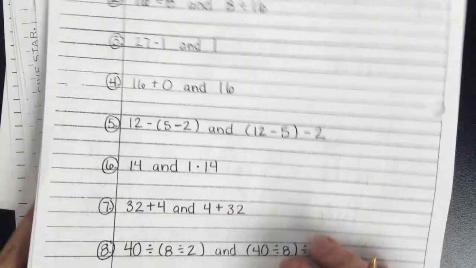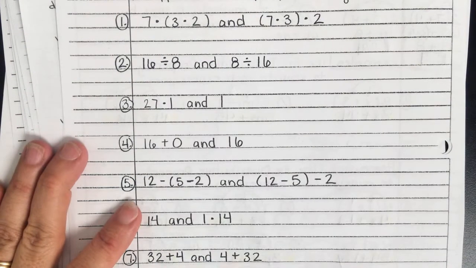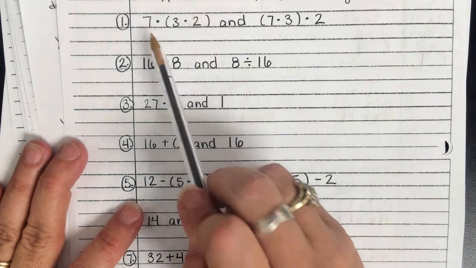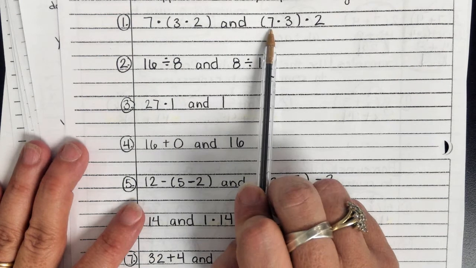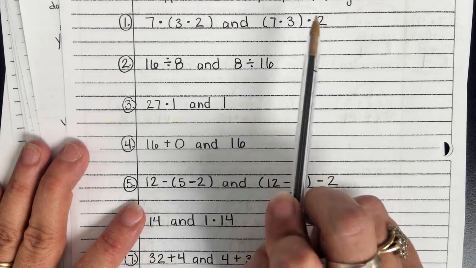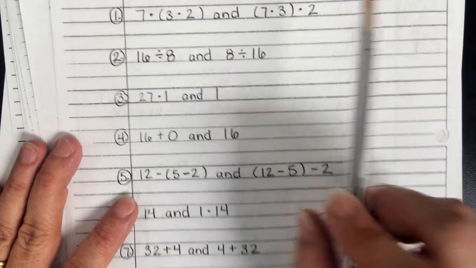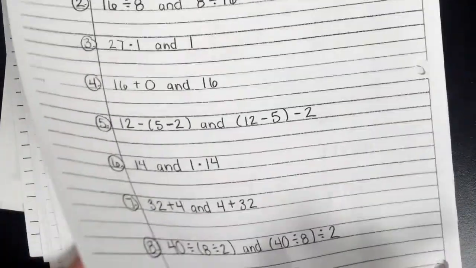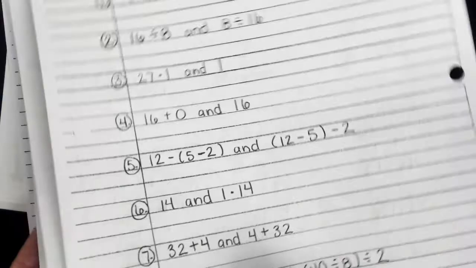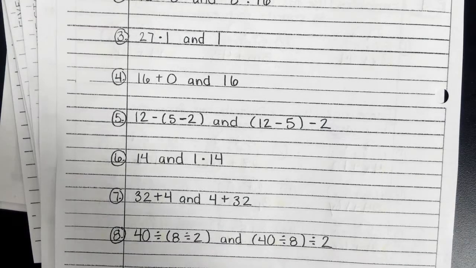Now, listen. Right now, just to refresh your minds, you are going to list, just like yesterday, a yes or no if it's equal, tell me which property it is, and then if it's not equal, tell me why. Now, you might need your notes to remember these properties.